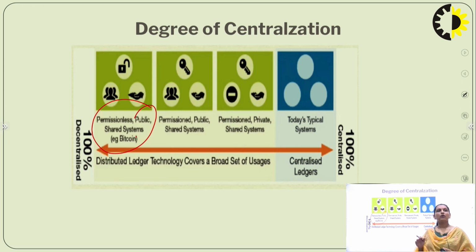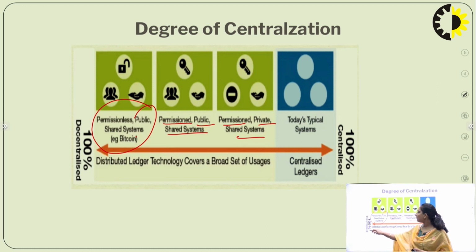As we go to the other, that is permissioned, where we get to know about the identity. You enter into a blockchain or any shared network and shared system, because a document has to be shared between them, and this is public also. Then it goes to permissioned, private and shared.